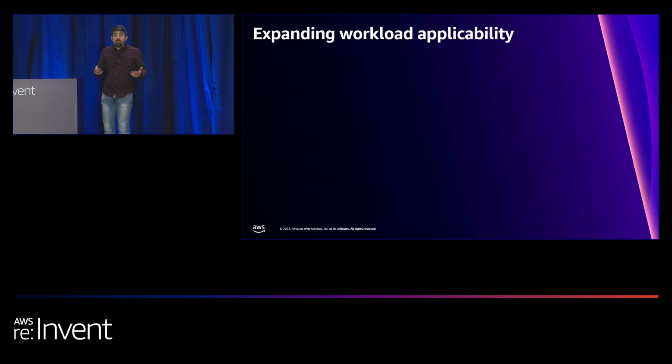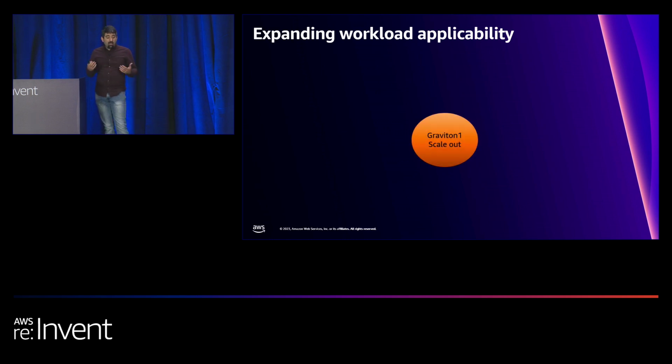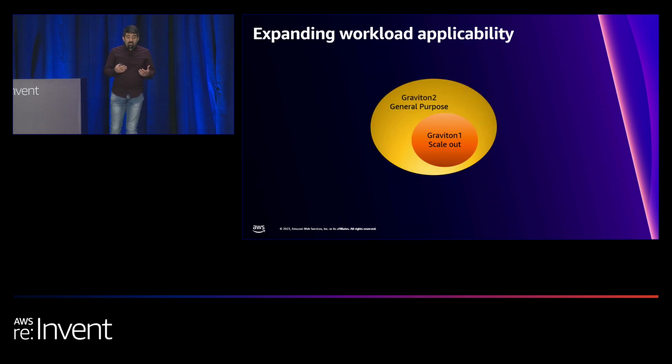We've been going on a journey of expanding the applicability of Graviton. When we started with Graviton 1, this really, as Stephanie mentioned, was about showing that the experience with an ARM-based processor in the cloud could be like any other. Graviton 2 expanded that.